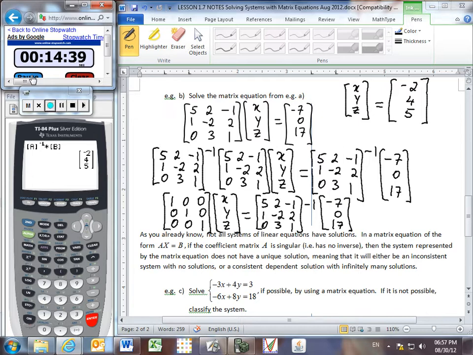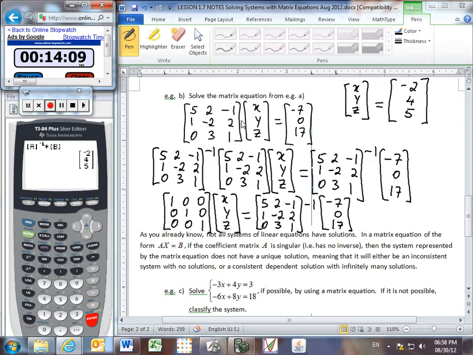So in a matrix equation, which has the form AX equals B, if our coefficient matrix A is singular, you remember what the word singular means? It means that it has no inverse. That is to say that the determinant is equal to 0. If we have no inverse, then the system represented by the matrix equation will not have a unique solution.